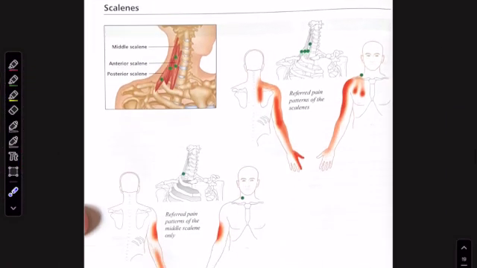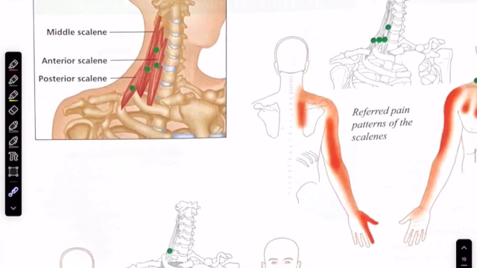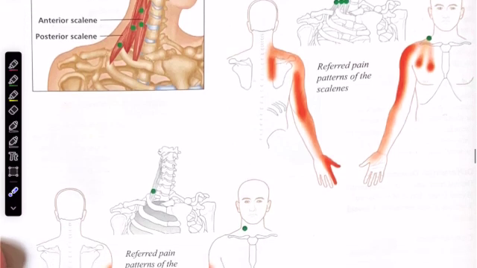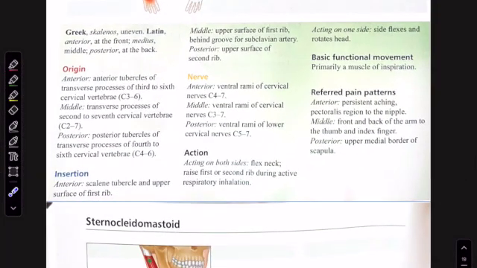Your scalene muscles, we'll cover those in the near future, but you have an anterior, a middle, and a posterior. Getting a knot in those usually causes radiating pain to come down into your hand and your arm. Some more information: the scalenes are mostly used for rotating your head.